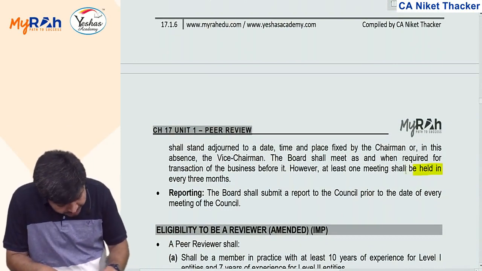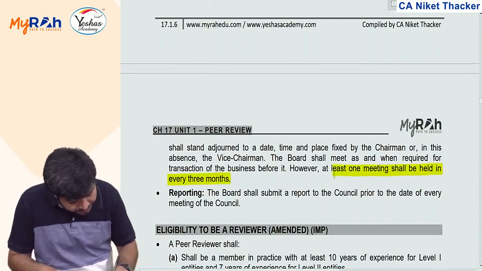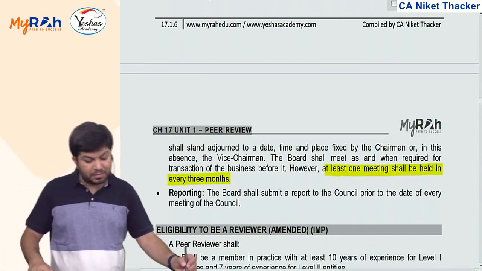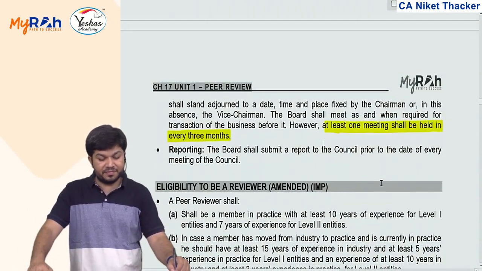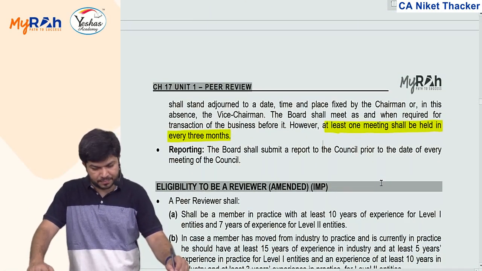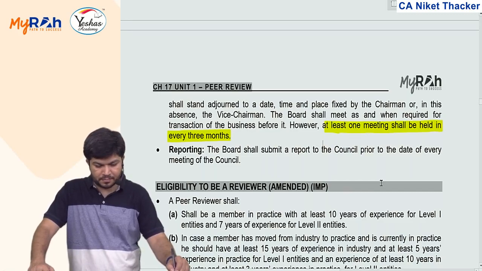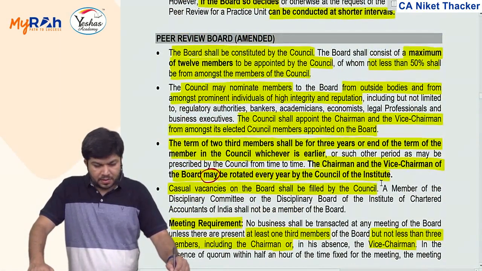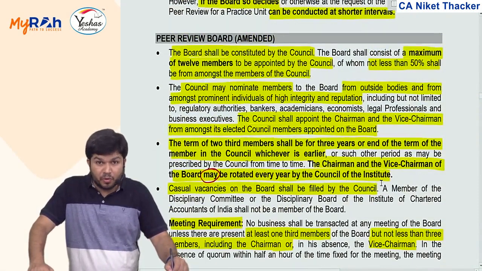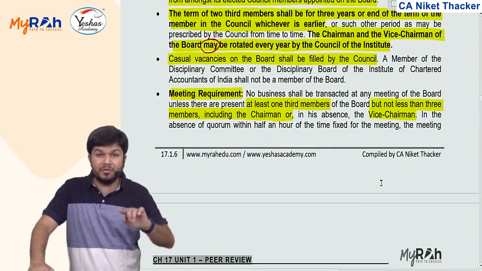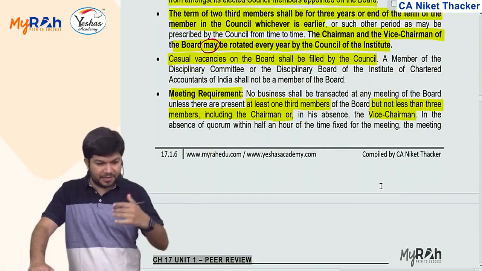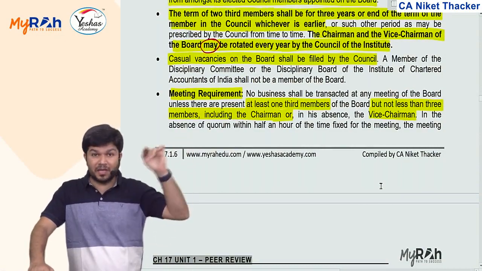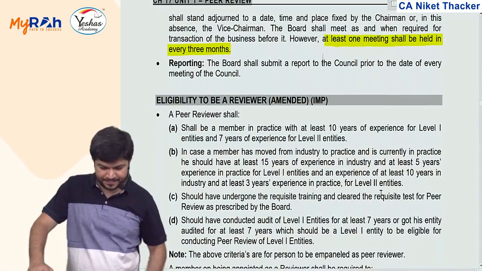And one meeting should be held every 3 months. At least one meeting shall be held every 3 months. So this is about the peer review board. And peer review board will report to council. Before they have any meeting, they will tell to council that we are going to have a meeting.